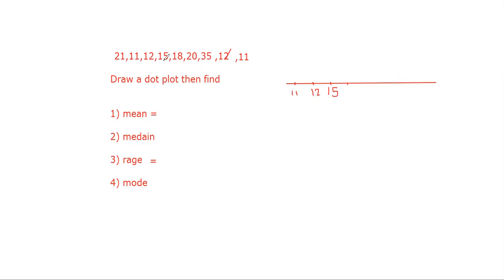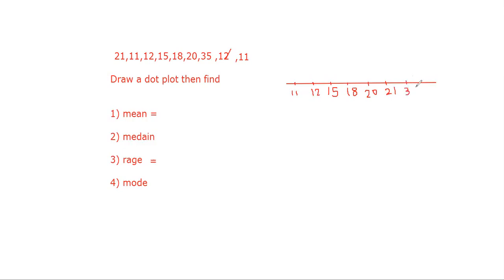Yes, 18. So we have also 18, and we have 20, right? After 20, it will be 21, and also 35. Yes, we have 21 and we have 35, right?